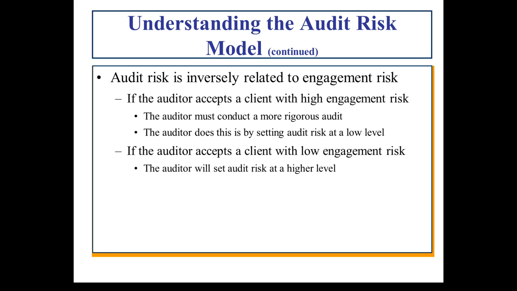And so our engagement risk is high. It's a high risk that this might harm us as an auditor to take on a company like that. So if the auditor accepts a client with high engagement risk, the auditor has to conduct a more rigorous audit, and the auditor does this by setting audit risk at a very low level. We're not going to tolerate much deviation.